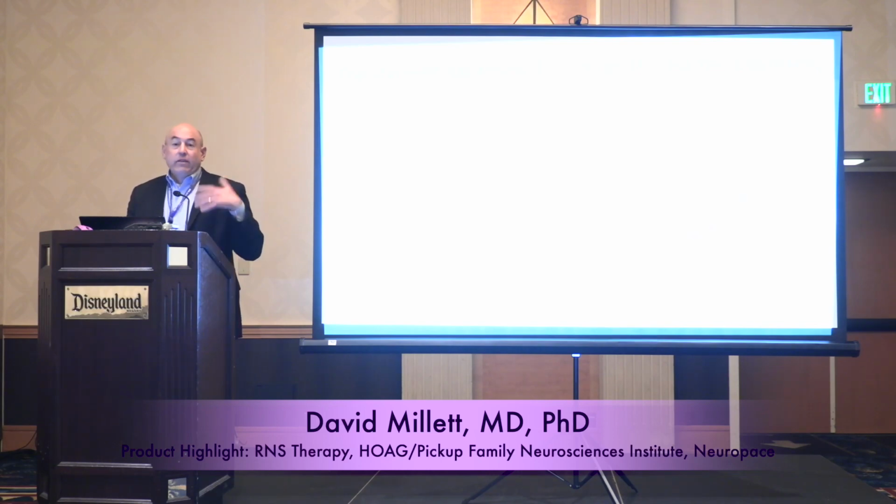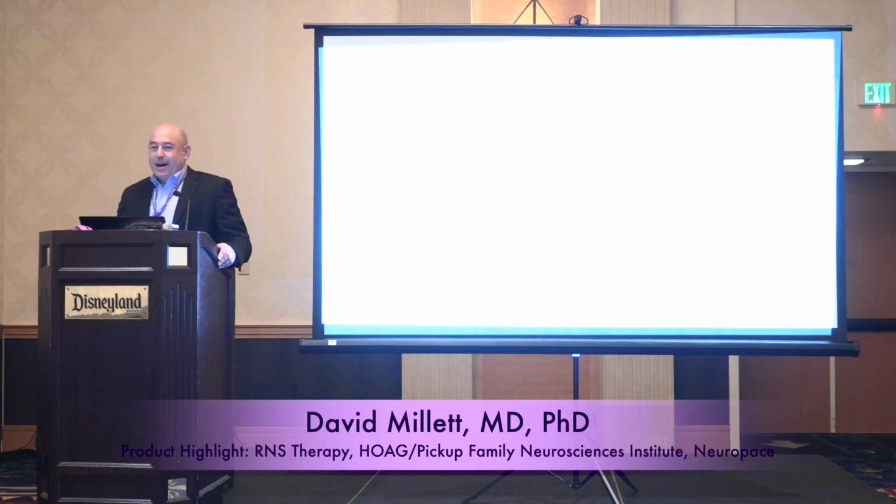So RNS has gone through the FDA approval process. It is not experimental. It was experimental 15 years ago, but it's not experimental anymore. It's been FDA approved, and these are generally the guidelines for use of the RNS system today. It's approved for patients 18 years or older. Patients need to meet the definition of drug-resistant epilepsy, so they must have tried at least 2 anti-seizure medications and still be suffering from seizures.